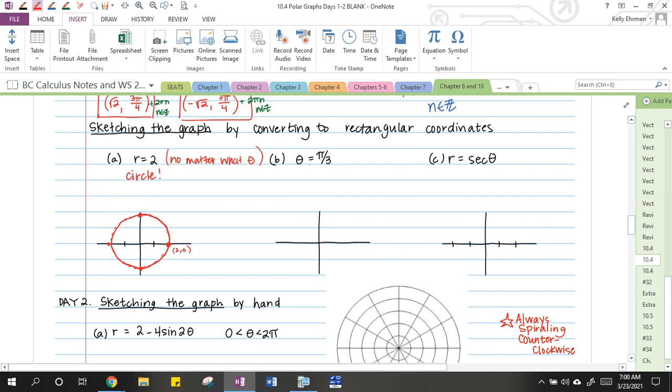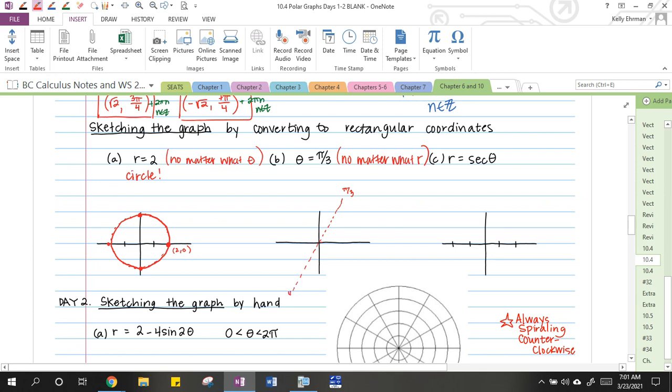What if you're just given the angle and no radius? So this is saying theta is pi over 3 no matter what r. Pi over 3, let's sketch that in. That's like the 60-degree angle, right? That's like saying face pi over 3. And remember, we just talked about plotting points. That could be also facing down here in quadrant 3.